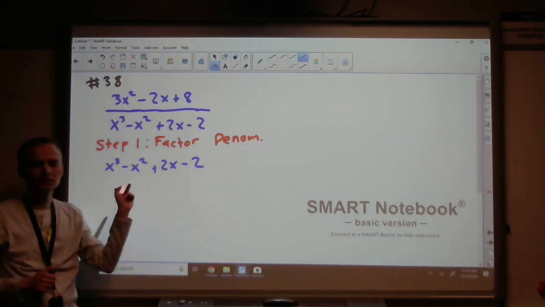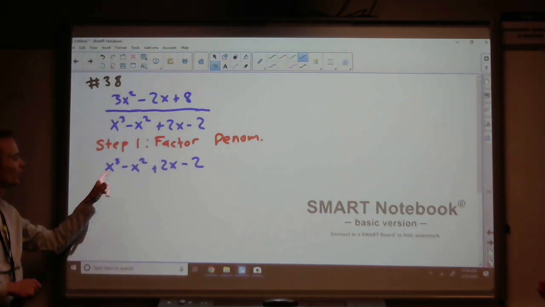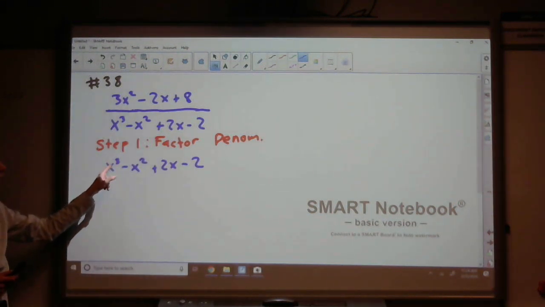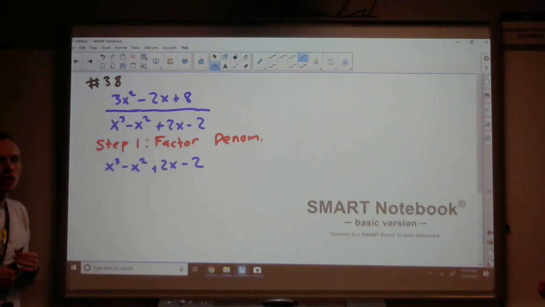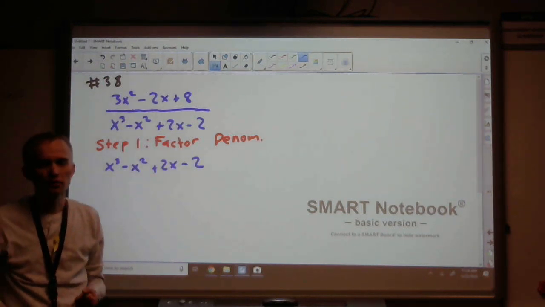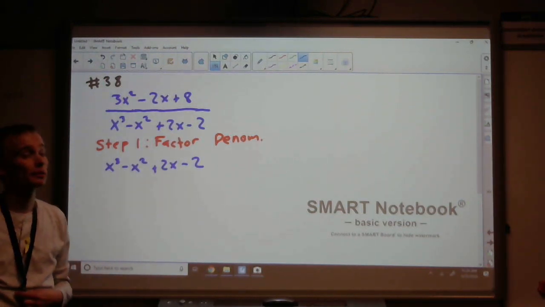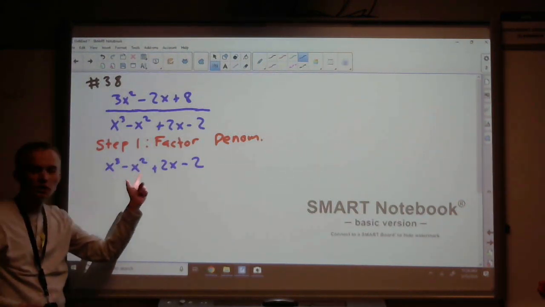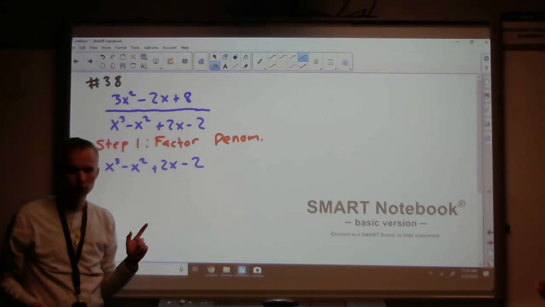So what I'm going to do here, I have a cubic that I want to factor. It's cubic because it has a third power on it, okay? So we did a lot of factoring earlier in the year, and that was kind of a struggle for us. You could do a rational roots thing.